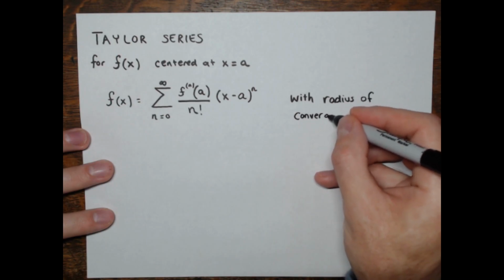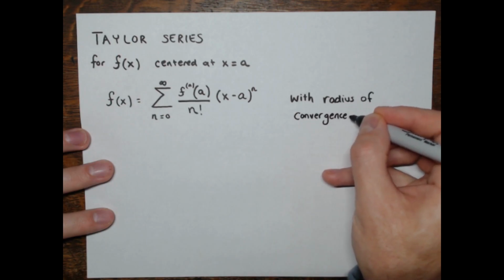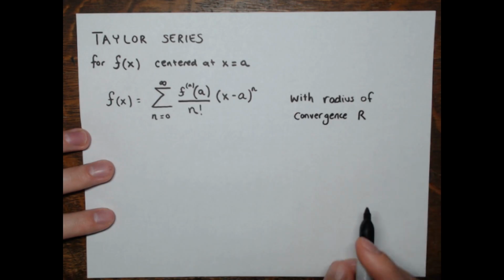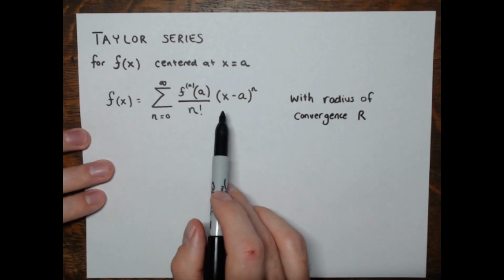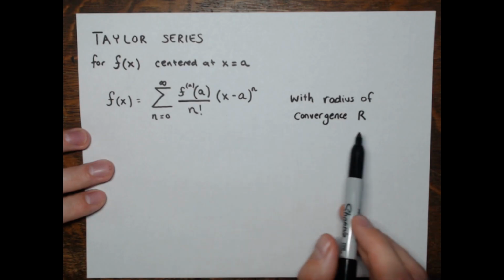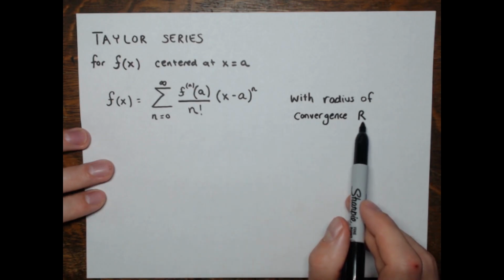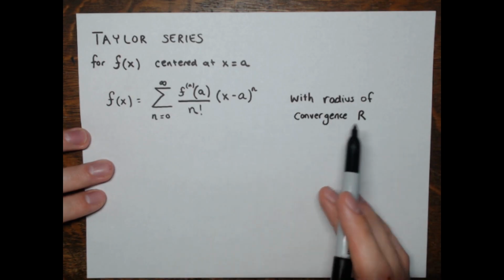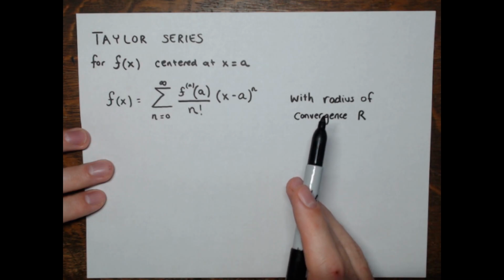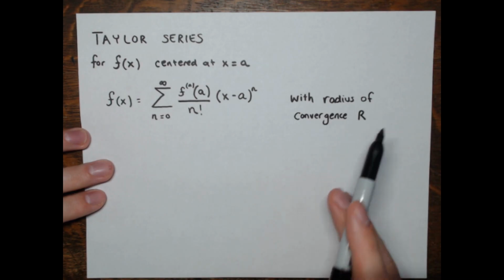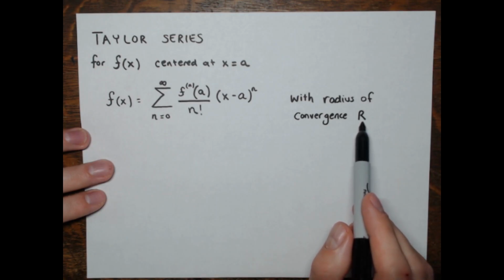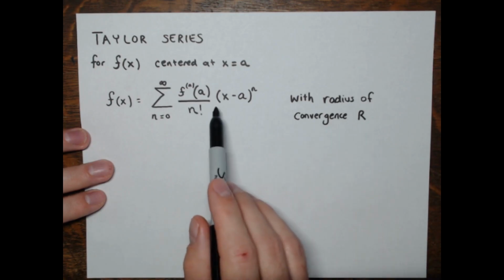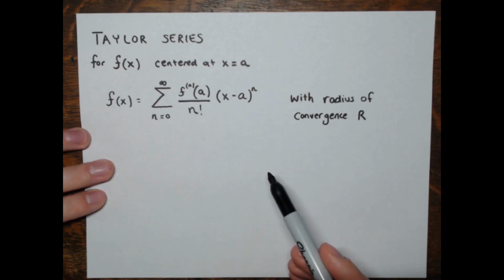So I'm just going to say with radius of convergence r. And again, that can be 0 if the series only converges at a. If it's not 0, but also not infinite, then the series would converge for values from a minus r to a plus r, possibly at both ends. And of course, r could be infinite if the series converges for all real values of x.